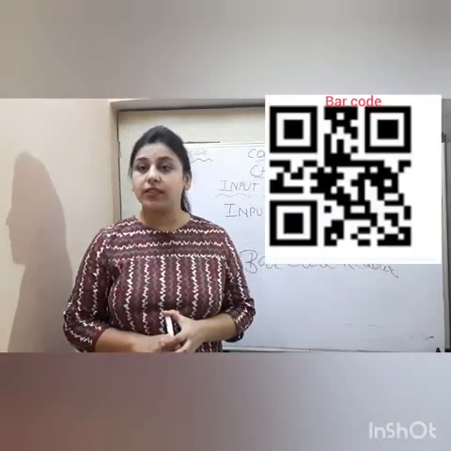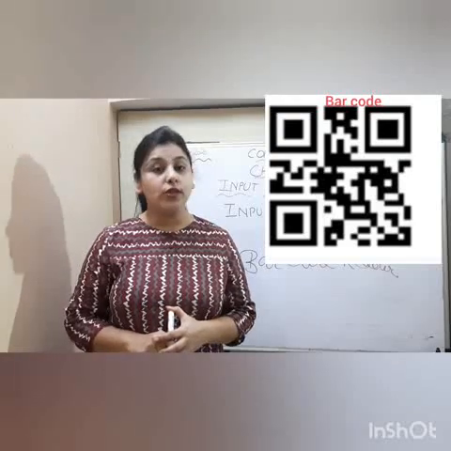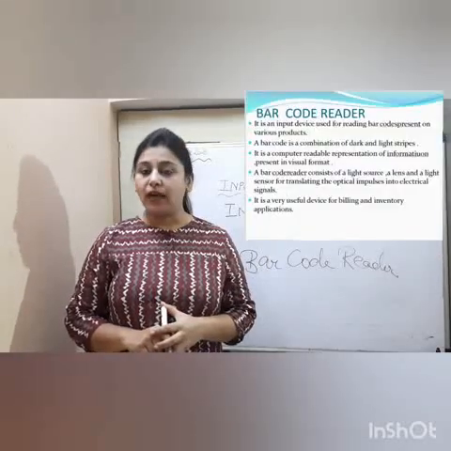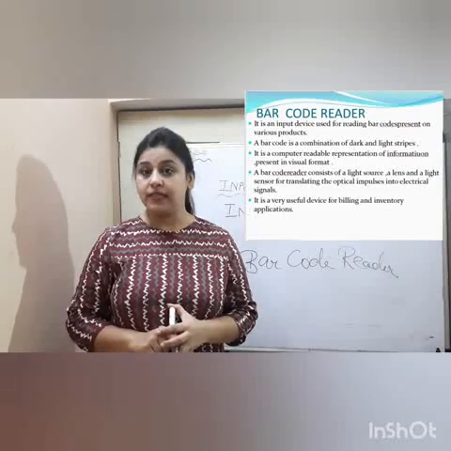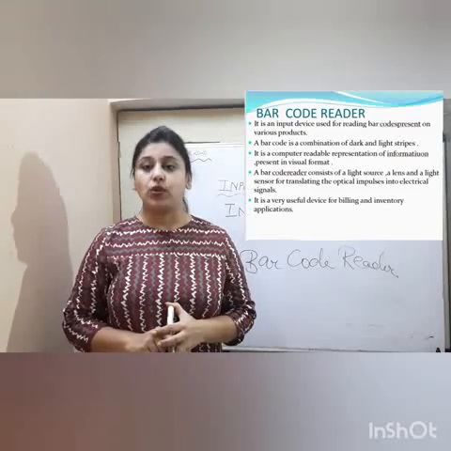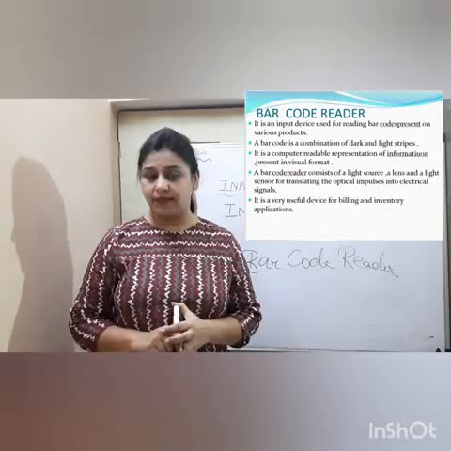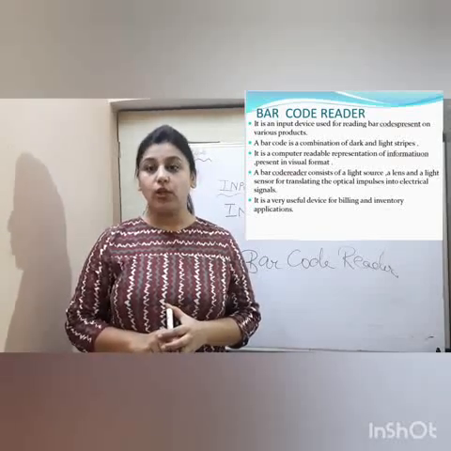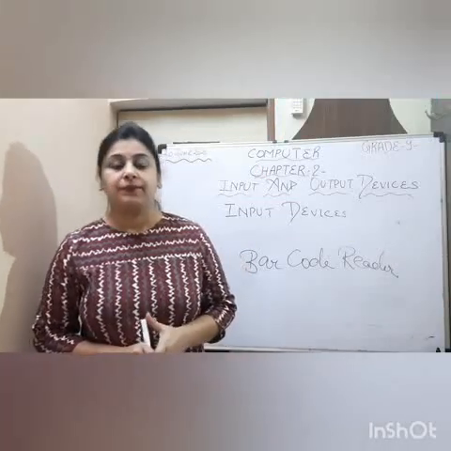It is a computer readable representation of information present in visual format. A barcode reader consists of a light source, a lens, and a light sensor for translating the optical impulse into an electrical signal. It is very useful for billing and inventory applications.